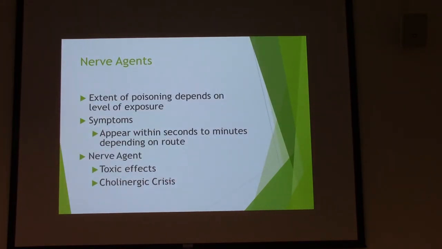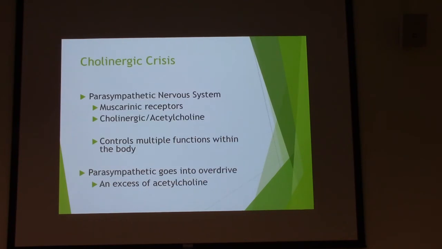With these patients, how long they've been exposed is going to really determine how bad the symptoms actually are. Symptoms can appear within seconds to minutes, depending on how they were exposed. And it can have a toxic effect or a cholinergic effect. So it can affect the parasympathetic nervous system.